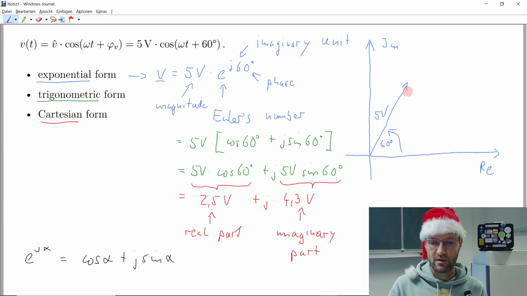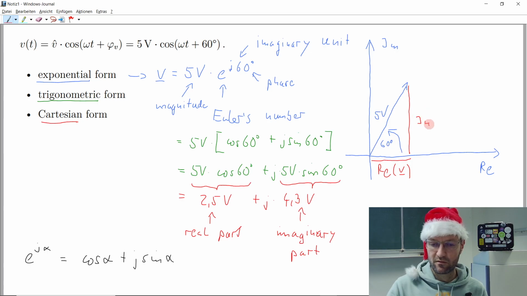On RE? Yeah, on this axis here, or the vertical distance is? The real part. No. Imaginary. Yeah, this is the real part. This is like the real part of our complex voltage phasor.